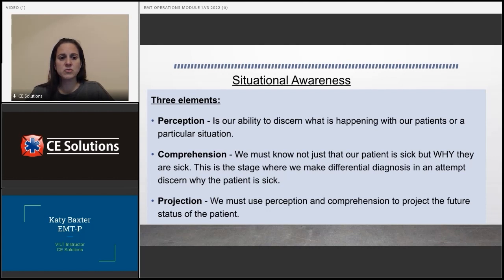We have to know not just that our patient is sick, but why they are sick. This is the stage where we make our differential diagnosis, and this is our attempt to discern why the patient is sick. Our projection, we need to use the perception and comprehension to project the future status, the clinical course of action for that patient.